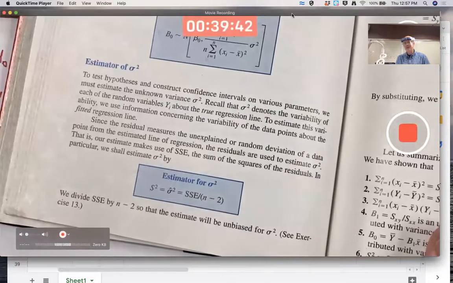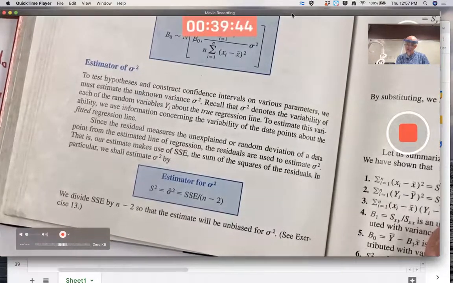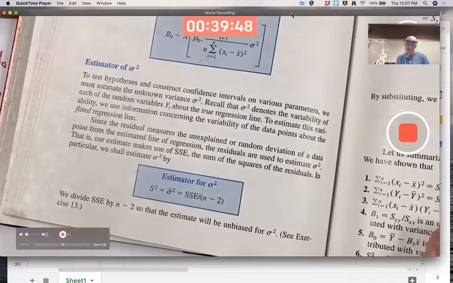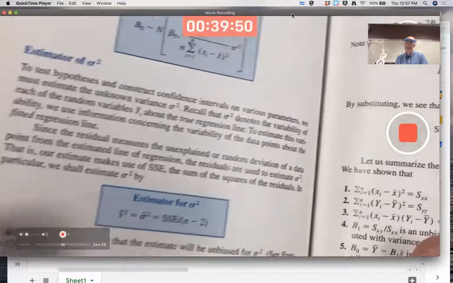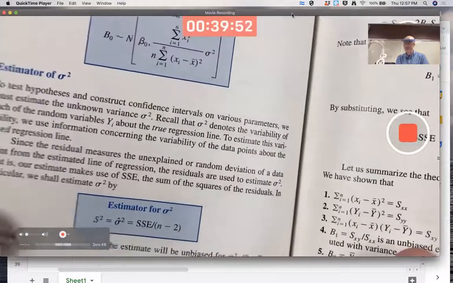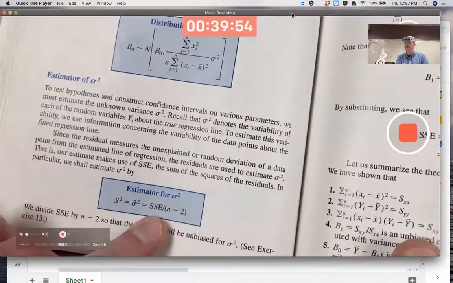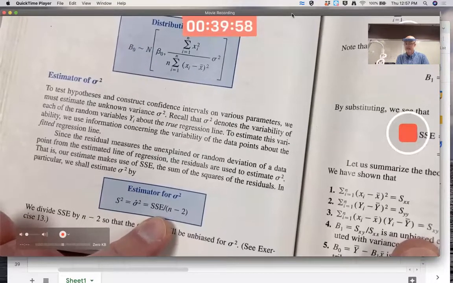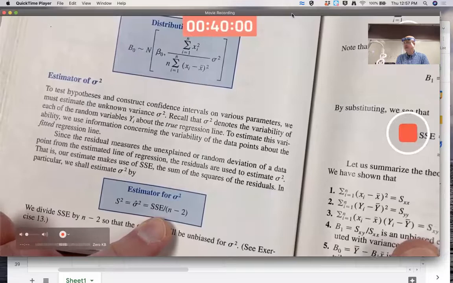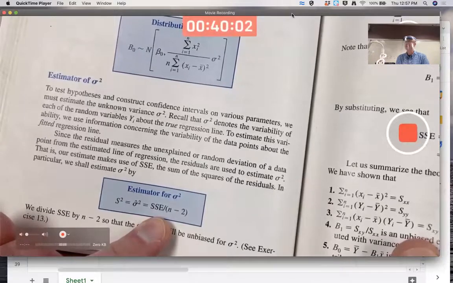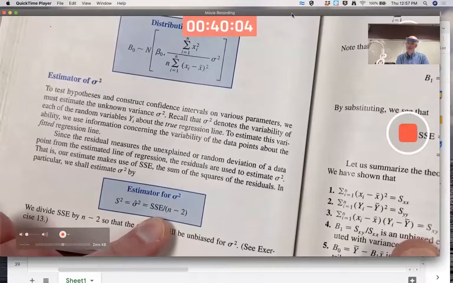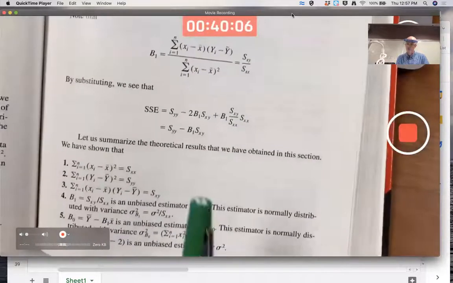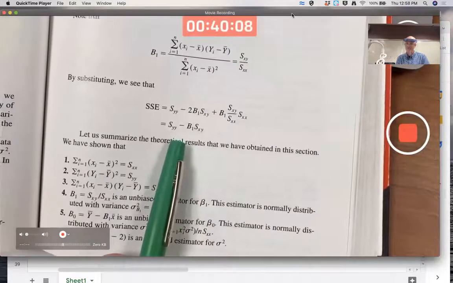SSE, we have always found so far with the spreadsheet. It's the sum of squares of errors, which means sum of squares of residuals, because residual is synonymous with error. So we found the predicted values, the y-hats, and we found the residuals and squared them and added them up.